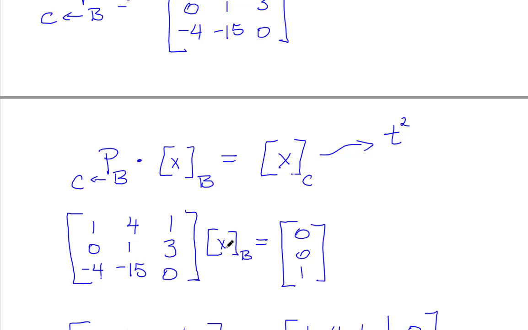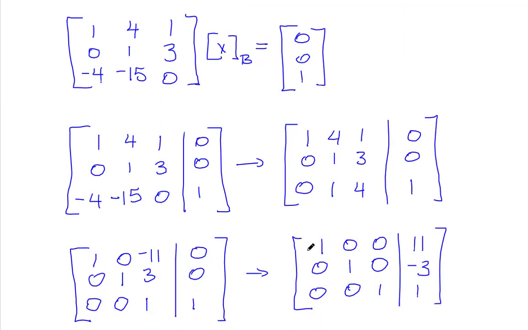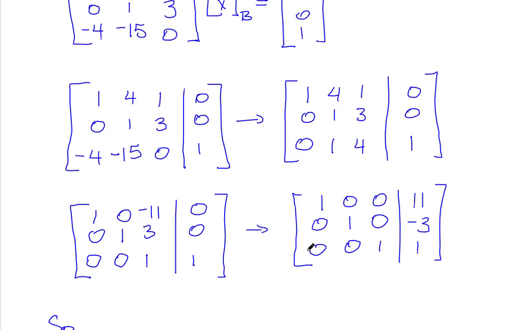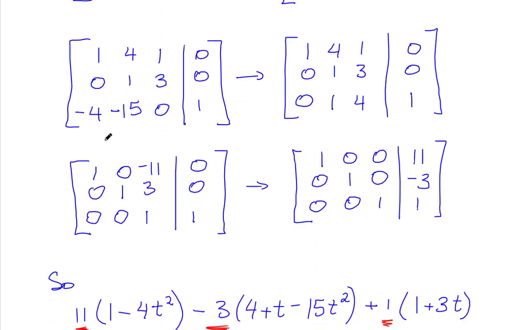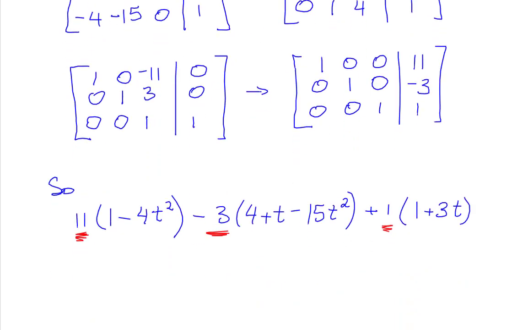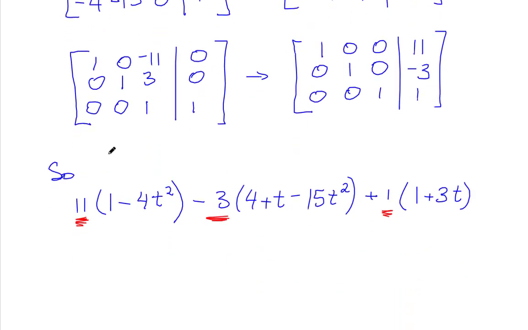I'm looking for this relative to the new basis, and this is it in terms of the standard basis. And so we do our row operations, cleaning this all up, and I get that in terms of the new basis, it's 11, minus 3 and 1. And so that's how t squared in the old basis would now look relative to our new basis vector.